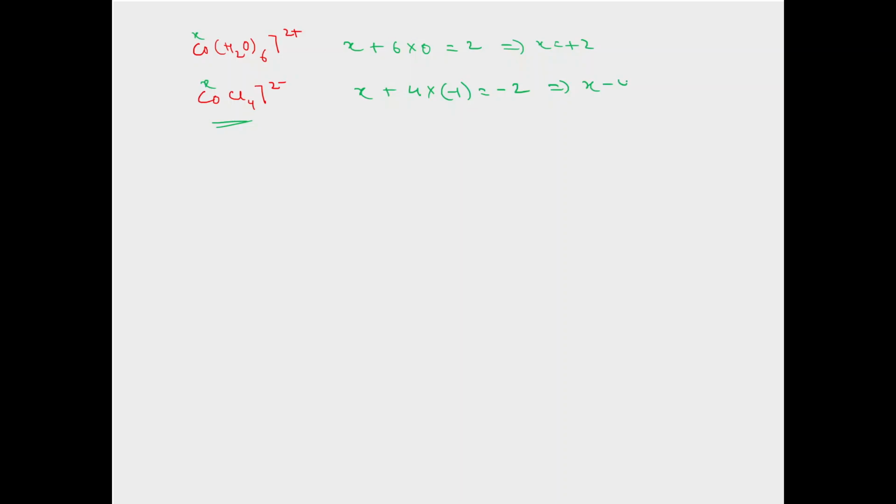So X minus 4 is equal to minus 2, that is X equals plus 2 again. So for both complexes, cobalt is in the plus 2 oxidation state. Free cobalt has a d7s2 configuration, but since it is in the plus 2 state, it's a d7 system.